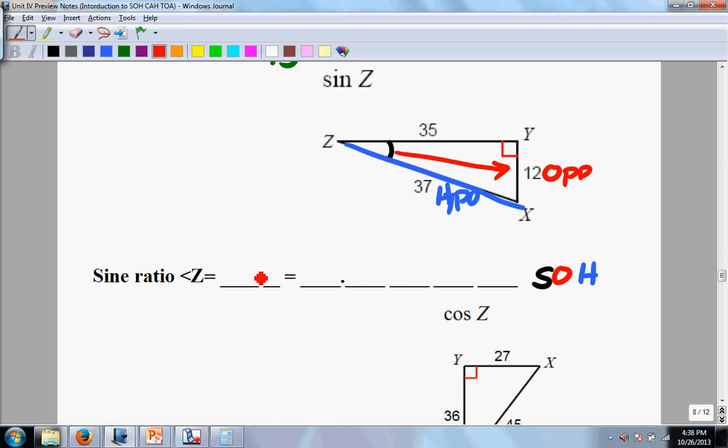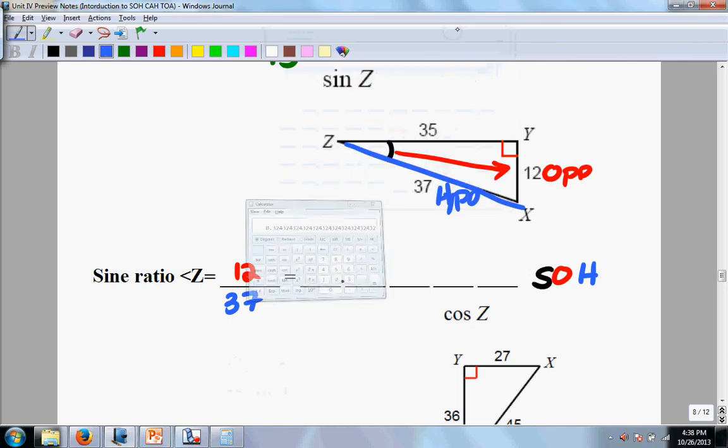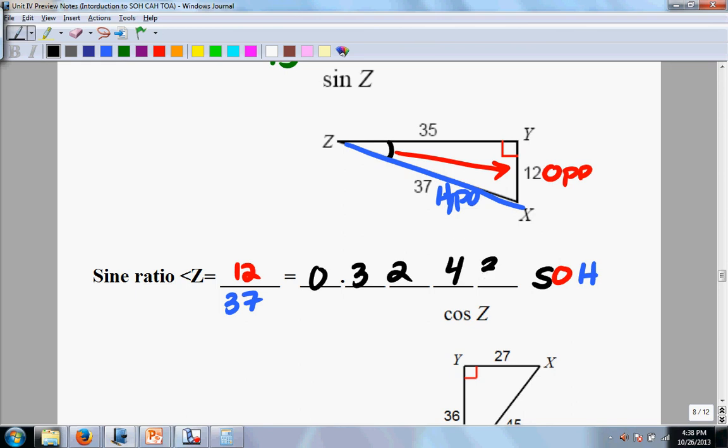So we're going to do opposite over hypo, so 12 over 37. That's 0.3243, round to the nearest fourth, 0.3243. That would be the sine ratio of angle Z.